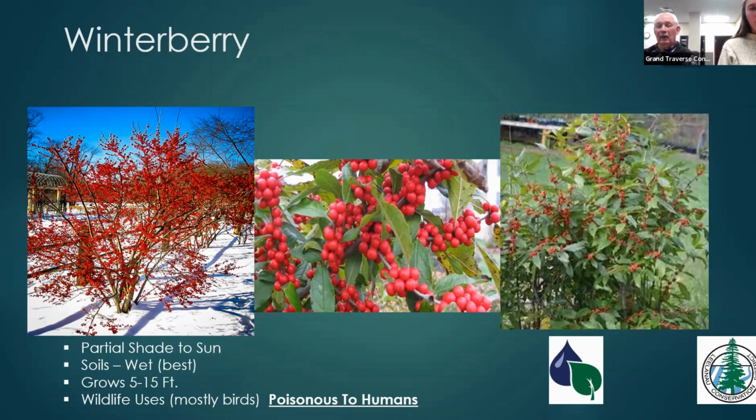Or for instance, if you had a downspout that came off the house and dumped out there on that plant, if you planted it there, you could grow it there. Otherwise, it grows in very, very wet conditions, and 15 to 20 feet high. And I've seen robins eating this in November in some bog areas. And it is poisonous to humans. So be careful and enjoy.